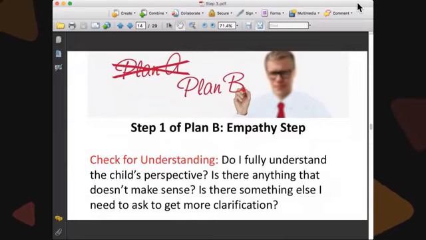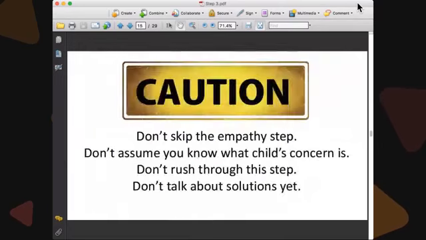When you're asking clarifying questions, you really want to check yourself and say, do I fully understand what my child's perspective is? Is there anything that doesn't make sense, where maybe I need to ask for some more clarification? You really want to take your time with each of these steps, and especially you don't want to skip any of them.